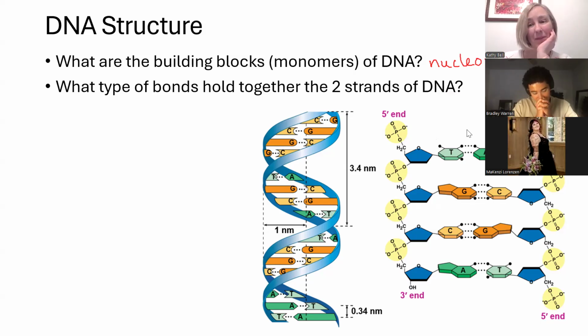And then what are the bonds here in the middle that are holding the two strands of DNA together? What kind of bonds hold the DNA together? Hydrogen bonds. Yeah, those are hydrogen bonds.